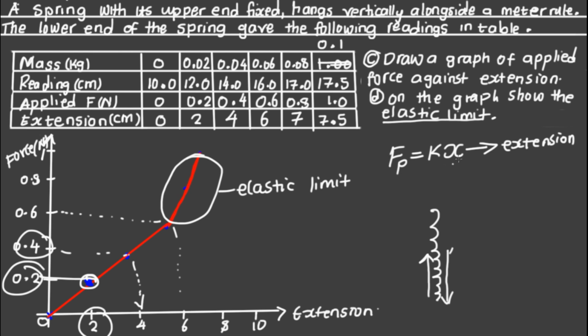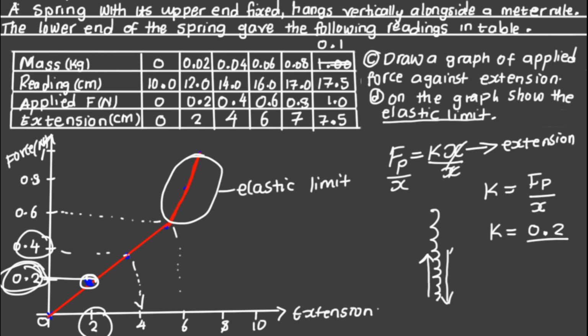Now to find K, we can divide by X here and also X here. So we have K is equal to applied force divided by X. For example, the applied force is 0.2. So K is equal to 0.2 divided by the extension, which is 2.